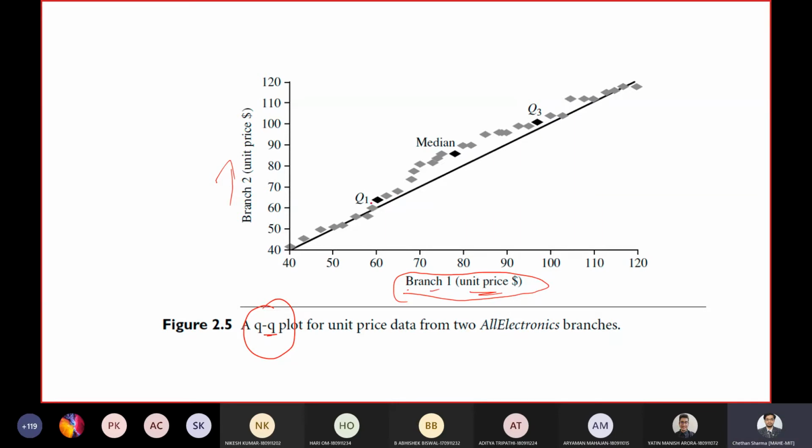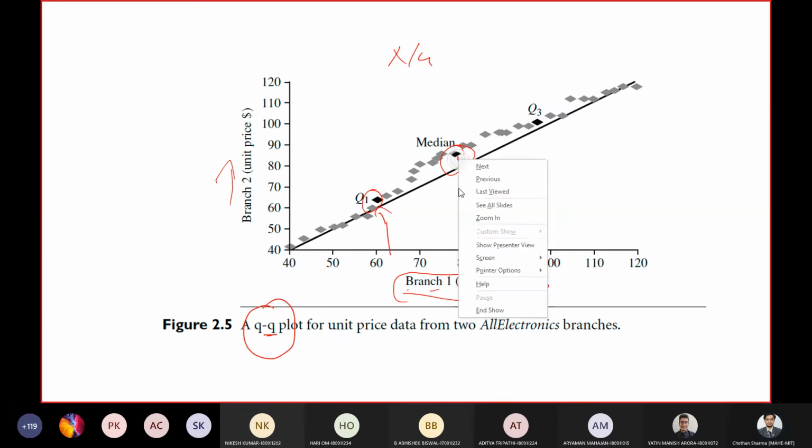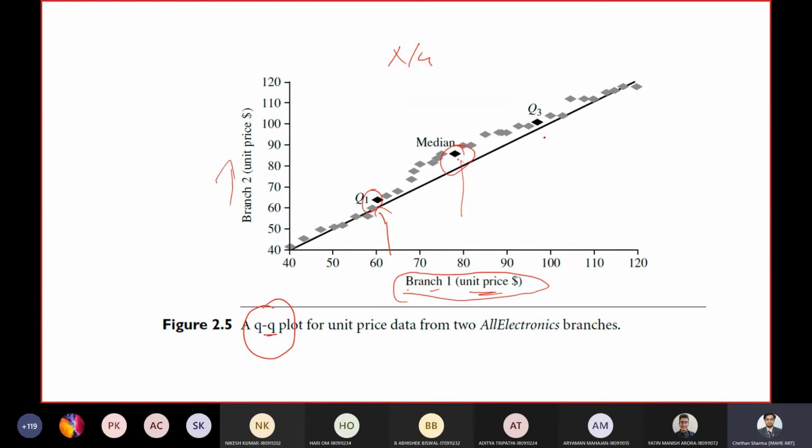And again, here you can find what the Q1 is based on the values of the dataset. What is the median? Based on the values of the dataset, you have to divide the dataset into 4 equal parts and see which is the 25th percentile, which is the 50th percentile, that is the median, and which is the 75th percentile, that is Q3. And you can specify those things in the graph itself.